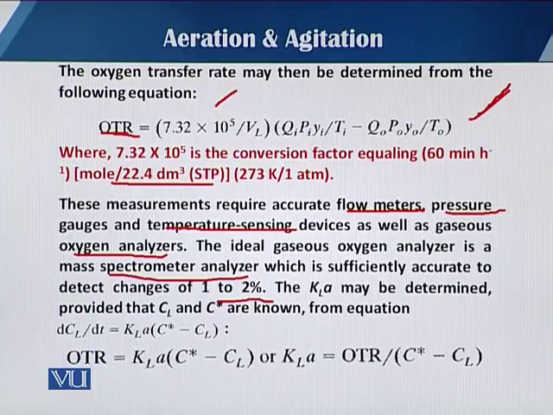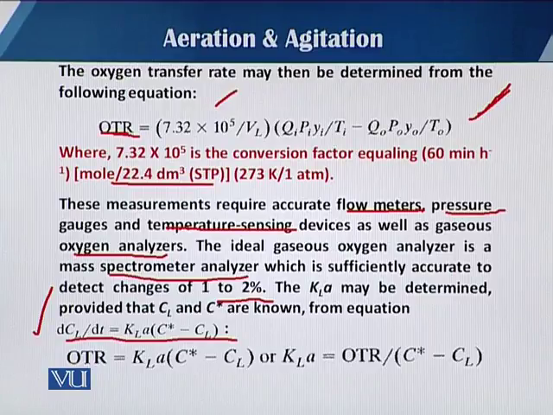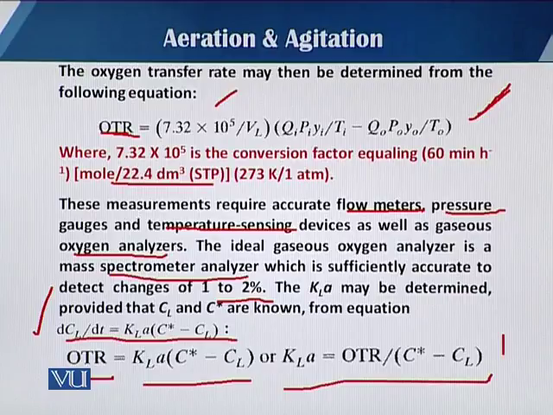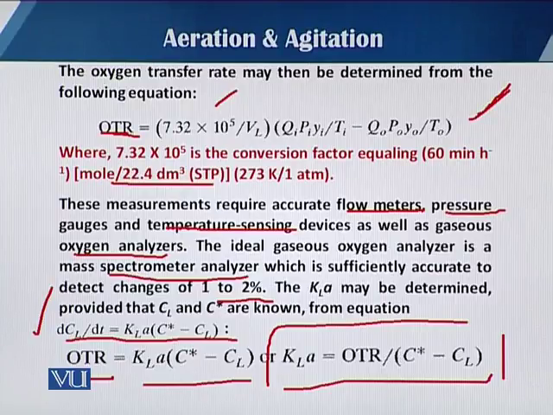We have already discussed this equation, that OTR is equal to this. So if we calculate C star and CL, then by this equation, the oxygen transfer rate divided by C star minus CL, we can easily calculate the volumetric mass transfer coefficient.